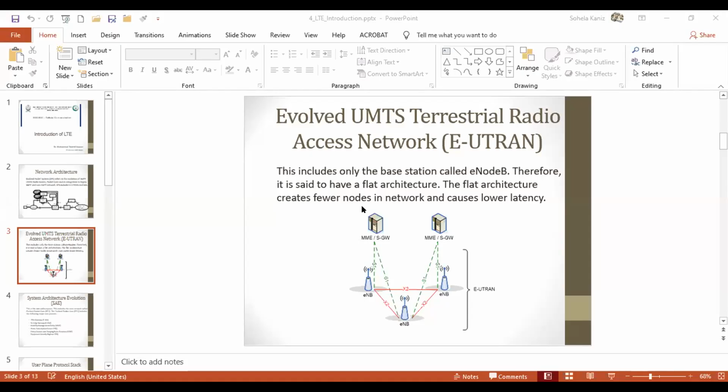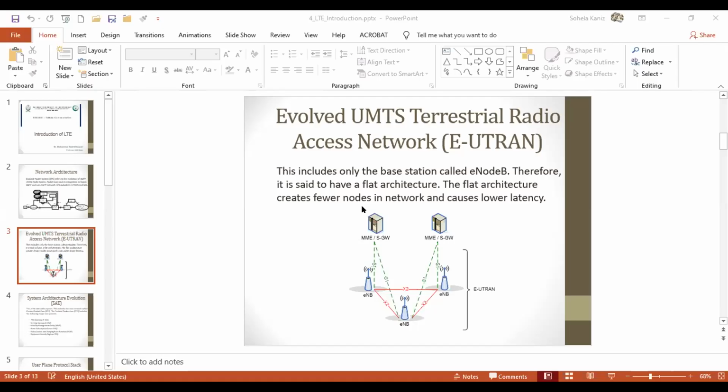The base stations are directly connected to the core network. So these are some core network components. I'll formally give you the names for these components. And there is a straight connection. These interfaces or connections are called S1. You have an S1 interface between the base station and the core network components.